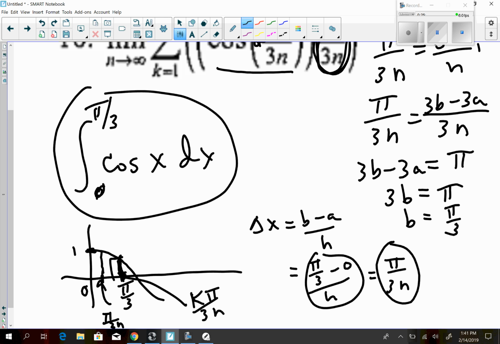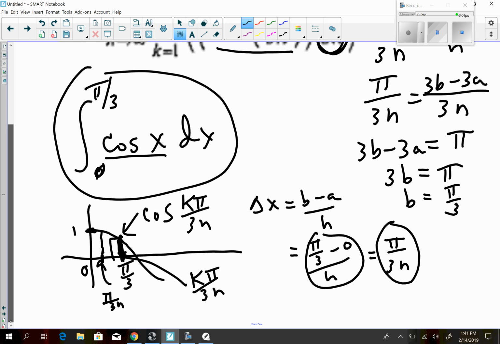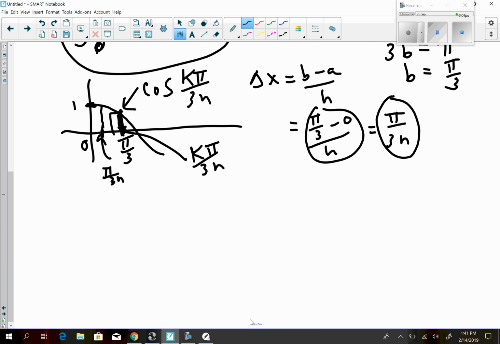And so the y coordinate, where this touches the graph, if this is the function, it would be the cosine of whatever x is. It's the cosine of this k pi over 3n. And that would have to be how tall this rectangle is. Cosine k pi over 3n is how tall the rectangle is.